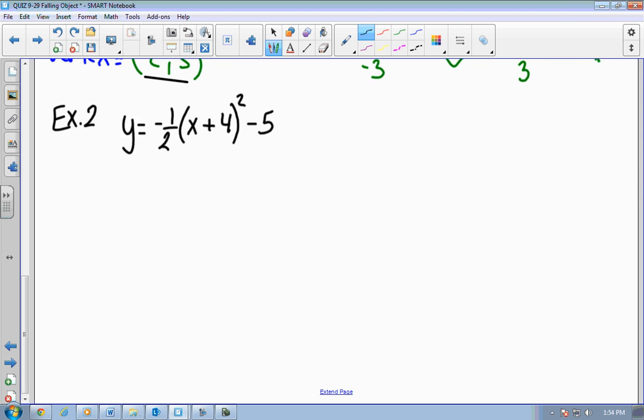On the quiz, you're going to be doing exactly this, but without the calculator. You have to identify the A, the H, and the K, and you have to tell me the vertex just by looking at the equation. And then you have to graph it by hand. And the domain and range. Yep, so your packet from last time, this is reviewing that packet too.